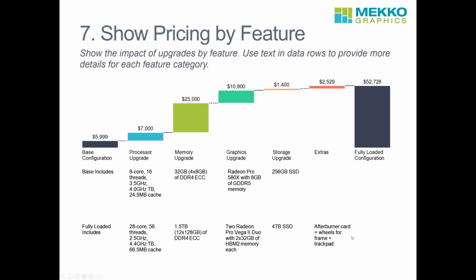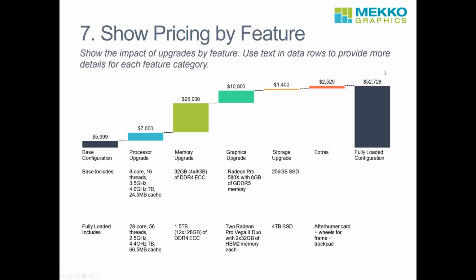Another different use of the cascade or waterfall chart. Here, I'm using it as what we call a build-up cascade to understand what the components of a total cost are. The total cost I wanted to get to was the cost of a fully loaded Mac desktop.